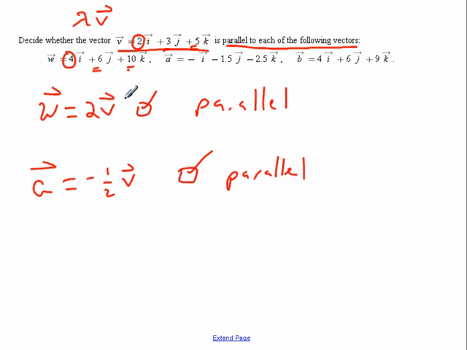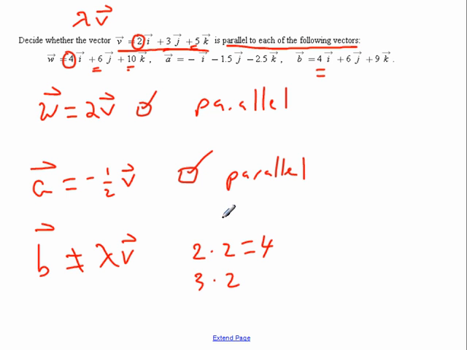And then lastly, if we look at b, b does not equal a scalar times my velocity v, because 2 times 2 will get me 4. And 3 times 2, where 2 is my scalar, and here's my v component, so 3 times 2 will get me 6, so that's true.